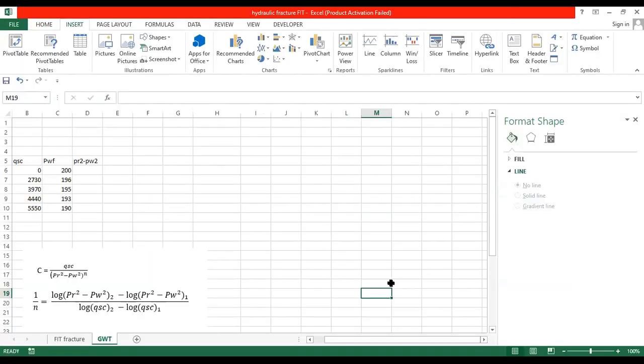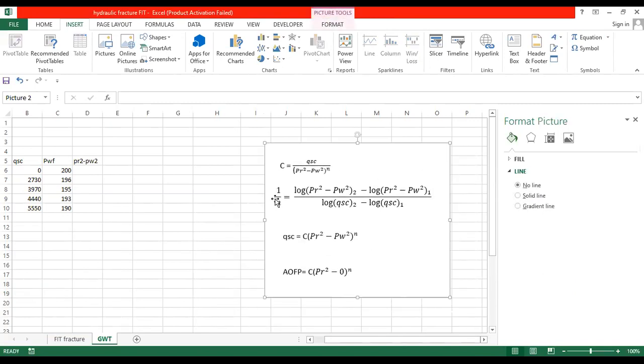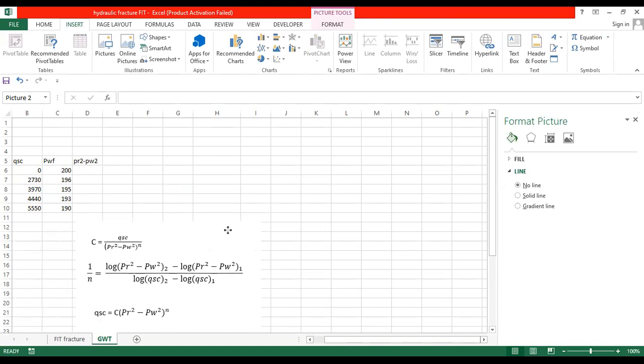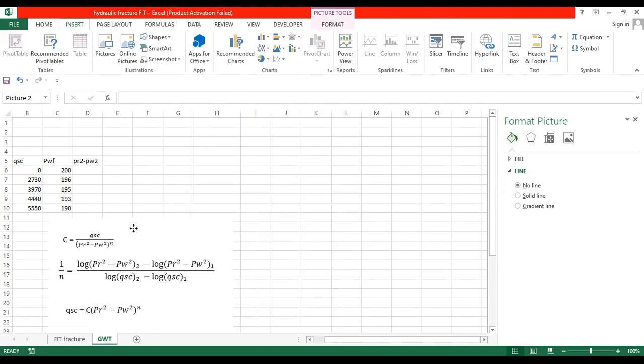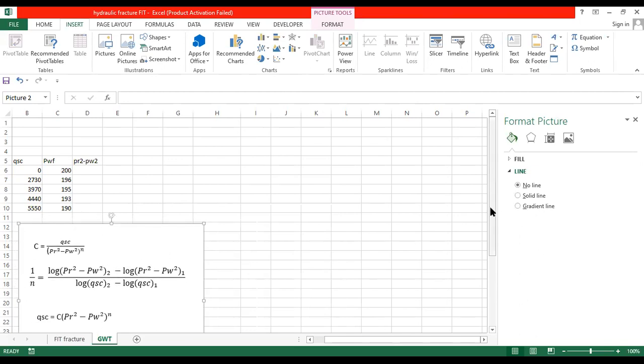First of all, we are going to discuss the values of AOFP. I have given the formulas over here, the same formulas: C, 1 by N, QSC, AOFP. If you know the value of C and N, we can estimate the value of AOFP. Before that, let us go with graphical first, and then we can come to theoretical.